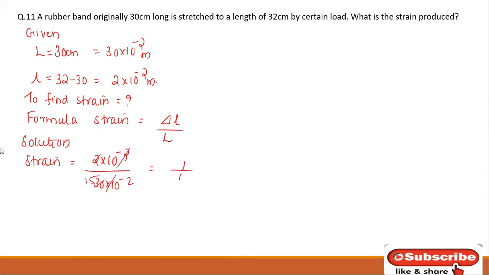Okay. 1 upon 15, that is equal to 0.0666, it will repeat. That is strain is equal to, we can write 6.667 into 10 raised to minus 2. This is the strain.